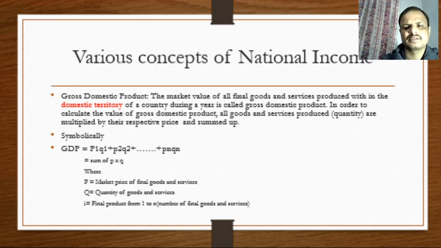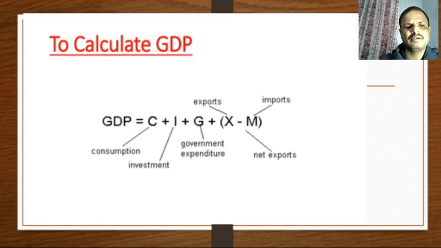Yes. So now, as a calculation method, we can see GDP = C + I + G + (X - M). That means this is the expenditure method. We know that method here very well.